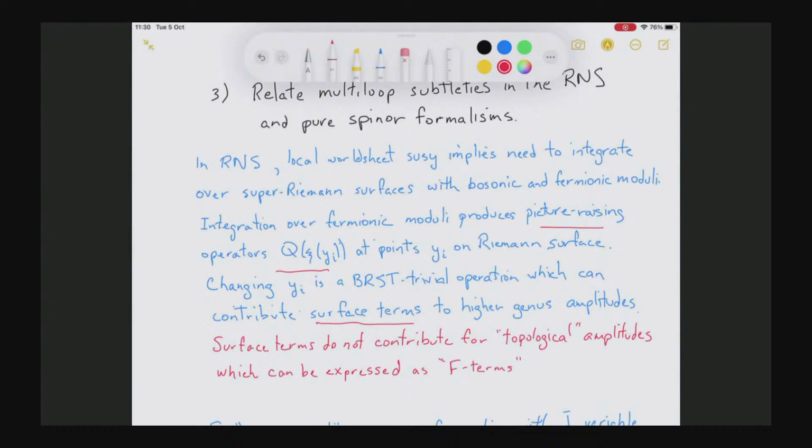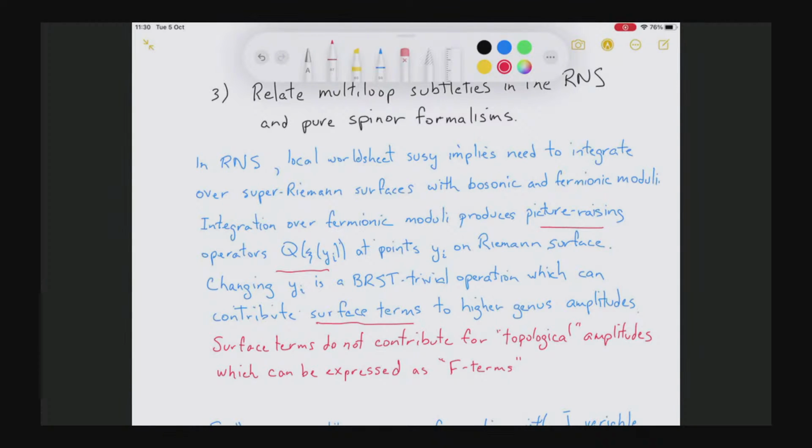Whereas if it's non-split, you need to be careful. You need to split the moduli space up into different regions, and the picture raising operators will be in different places in the different regions. There's the whole formalism that was worked out recently by Sen and Witten on how to glue these different regions together. That's what I meant by these subtleties in the RNS formalism.